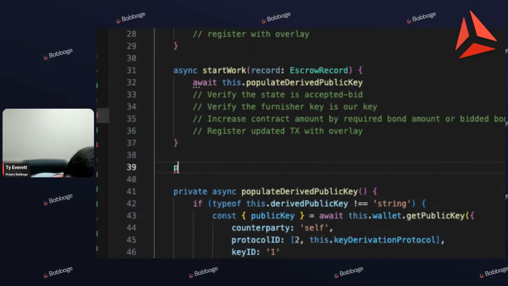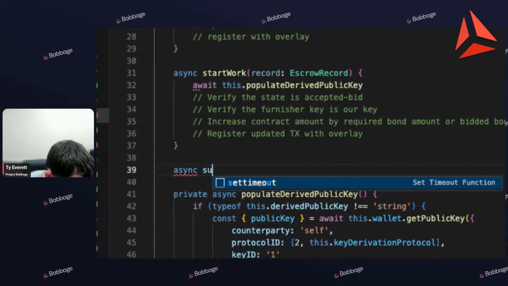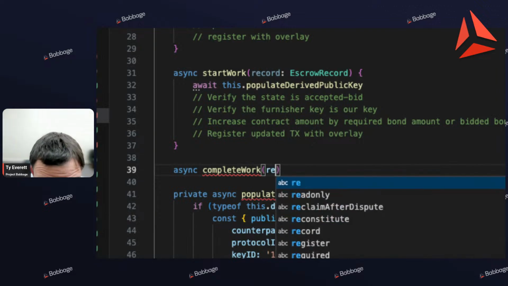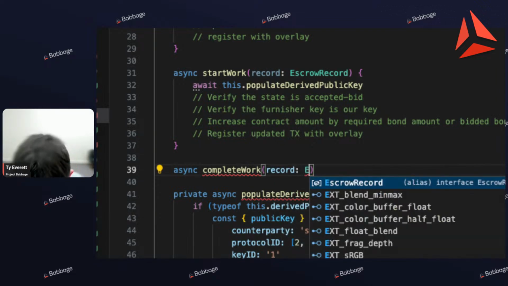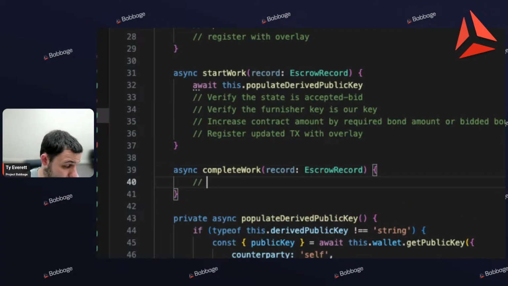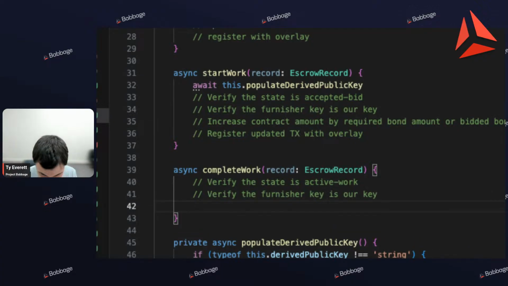Let's see, async. And we want to say finish work. So you got a record, and you want to verify the state is active work. Verify the furnisher. We are the correct furnisher of these services in this contract.